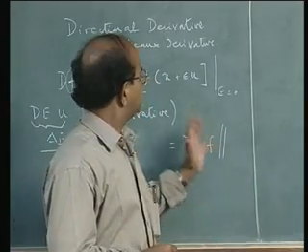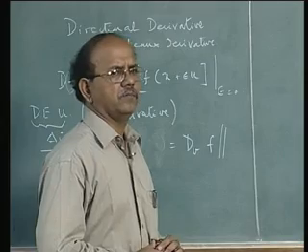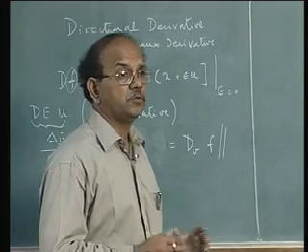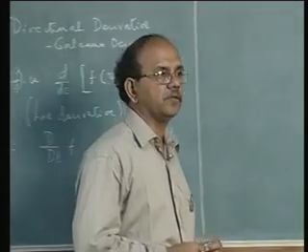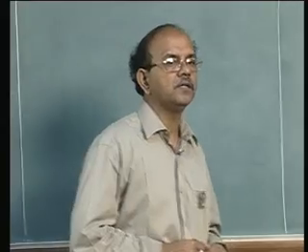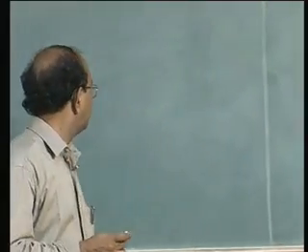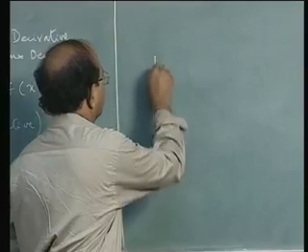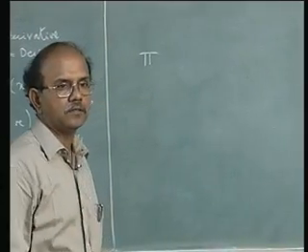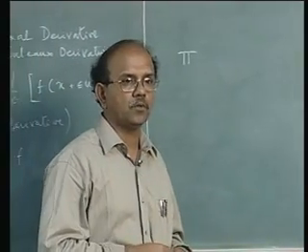Now where else do we use the directional derivative? The directional derivative is extremely useful for us to look at minimization problems. For example, all of you know that we had a potential, which you call a functional and so on.